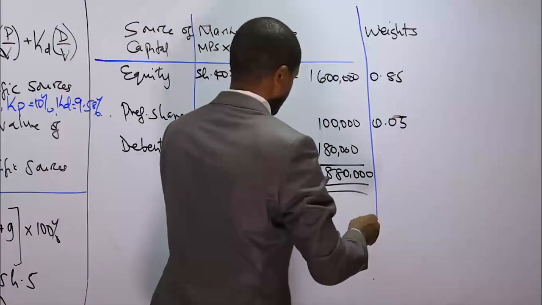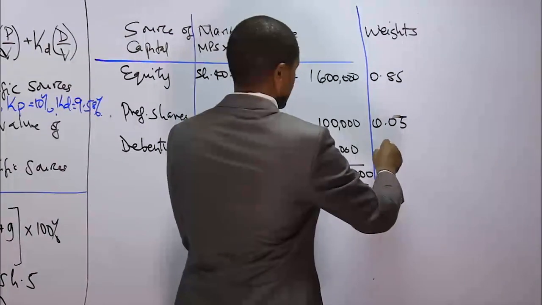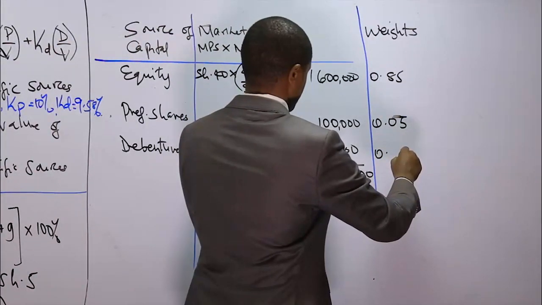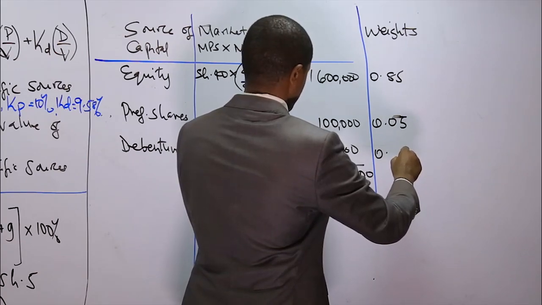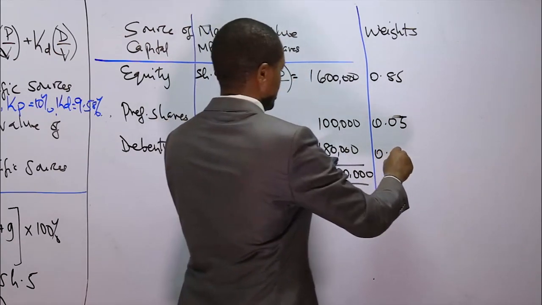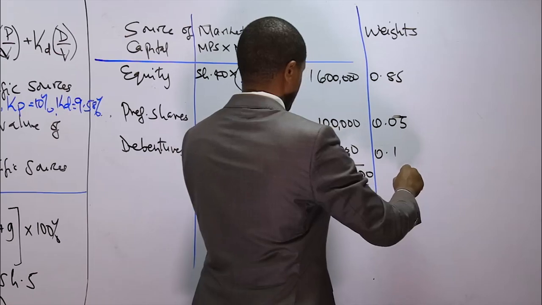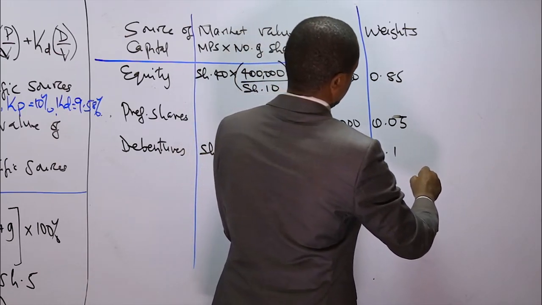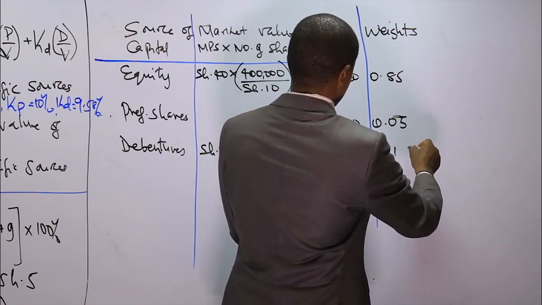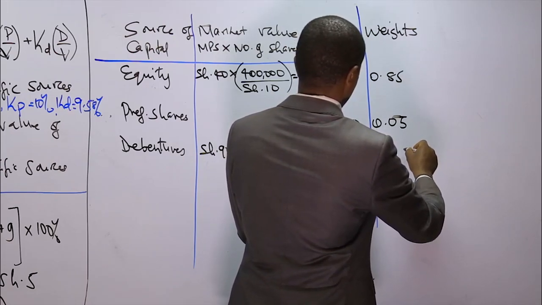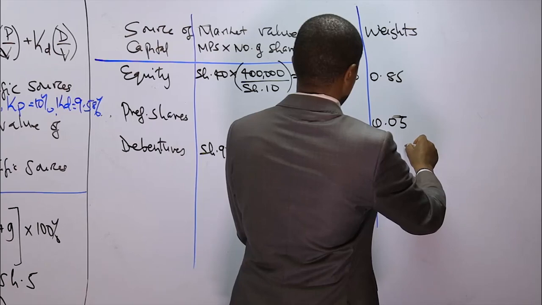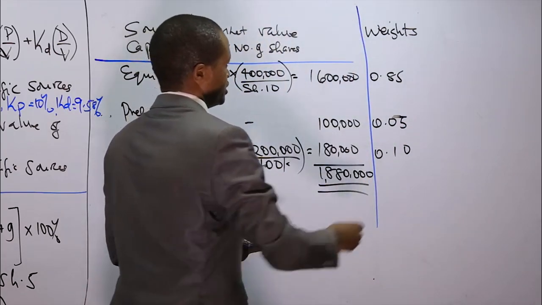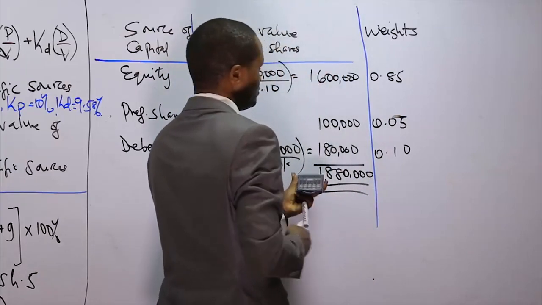I get 0.0957. Rounding off, this will be 0.1, or 0.10. So these are the weights.